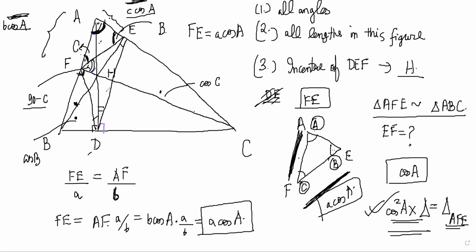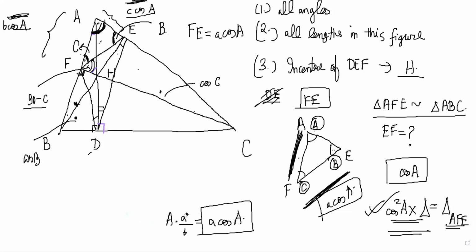The areas of the top triangles, the similar triangles: AFE, BFD, and CED. What will be the areas of all three?